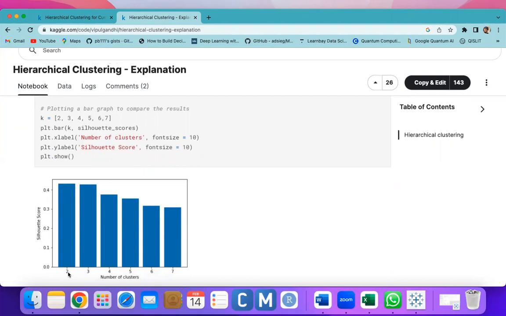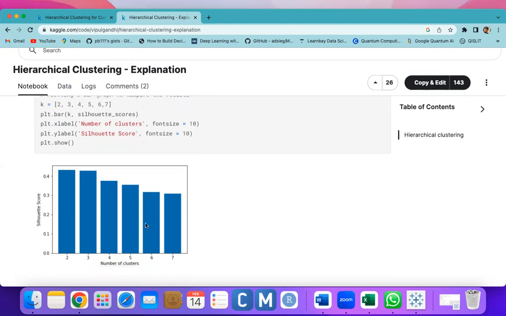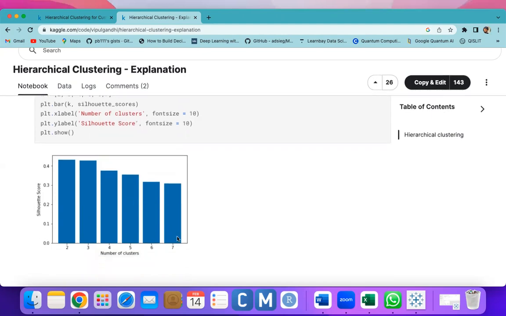With two clusters, the score is more than 0.5. With three clusters, the score is still high. With four clusters, the score is reduced, and with five clusters, it is reduced a little more. That means as the number of clusters increases, your score reduces.